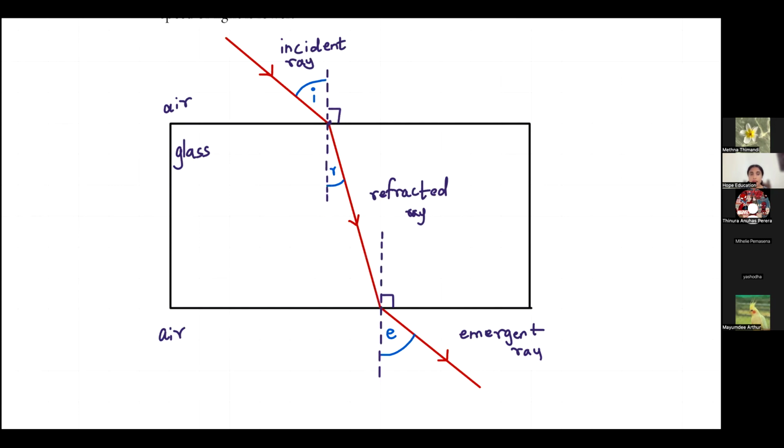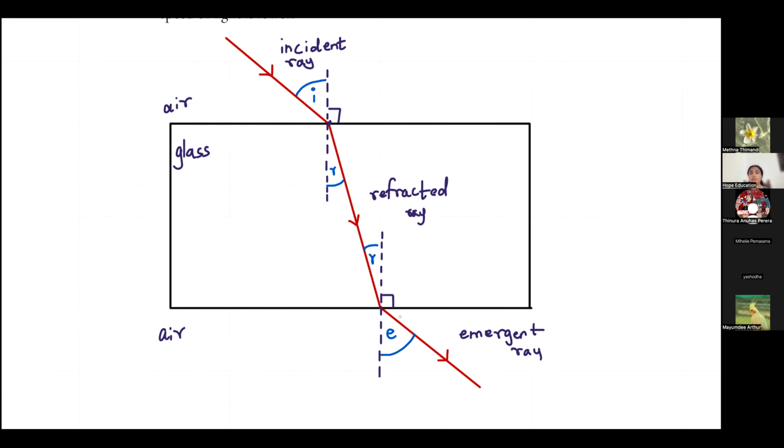Since they are parallel, look, this is like alternate angles, Z-shape angles. Therefore, this angle will be equal to this angle. So since this is equal to R, this will also be equal to R because they are alternate angles between parallel lines.